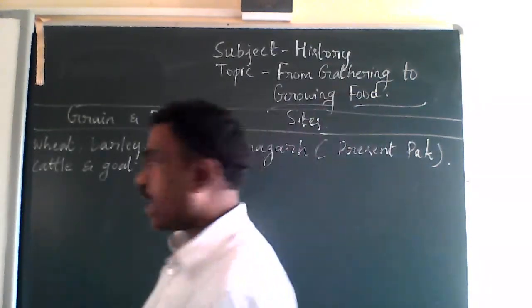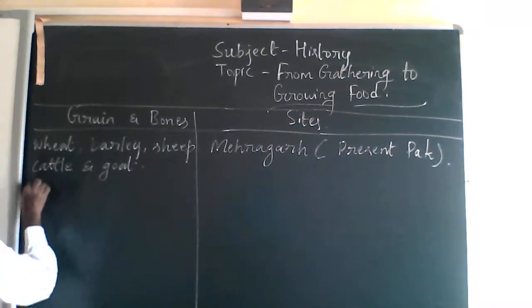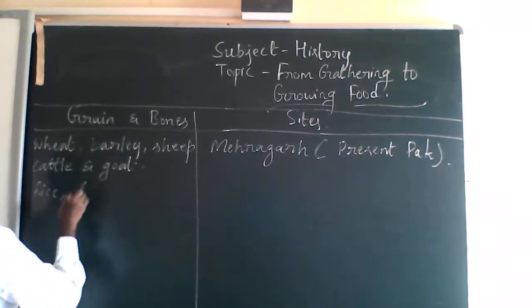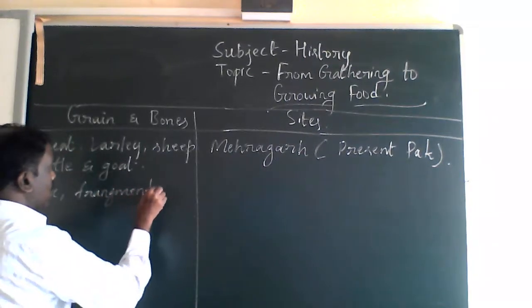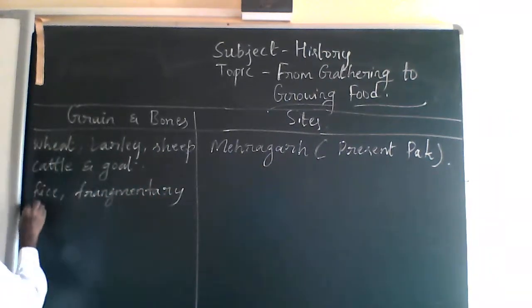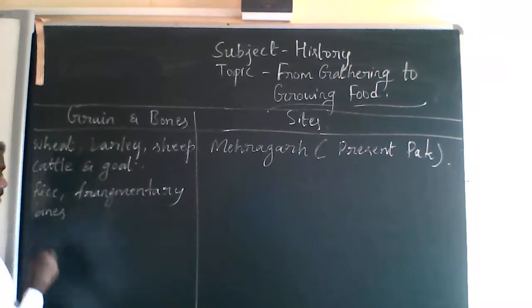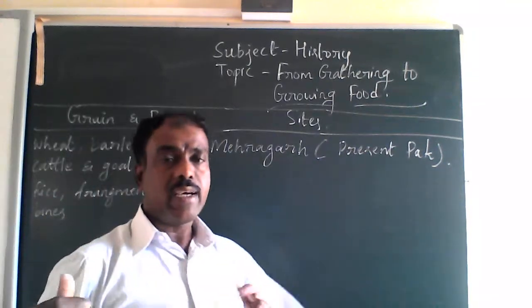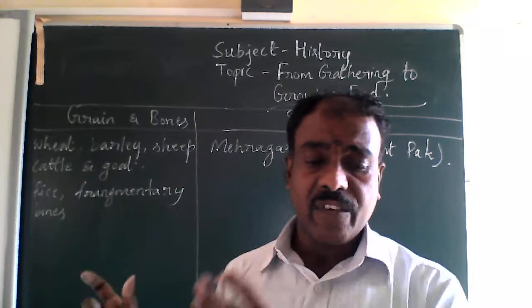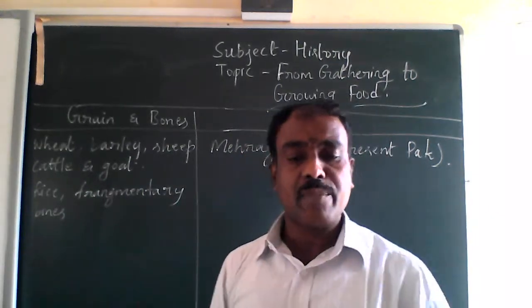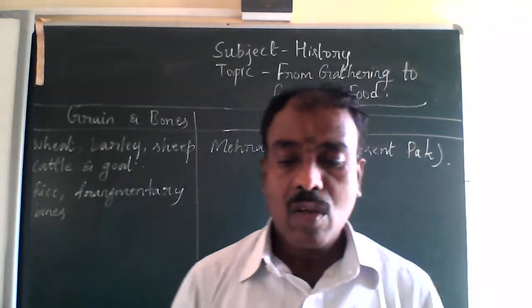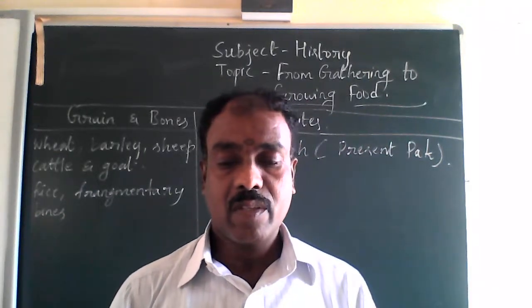And rice and fragmentary bones. Here is a bit of confusion. Fragmentary bones of different animals were found in Koldihwa.